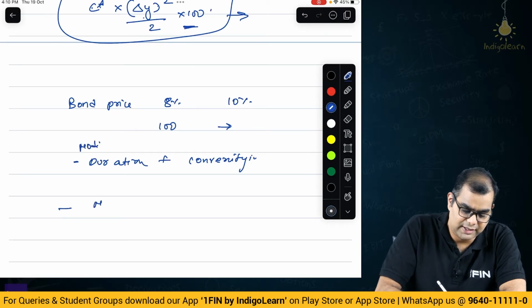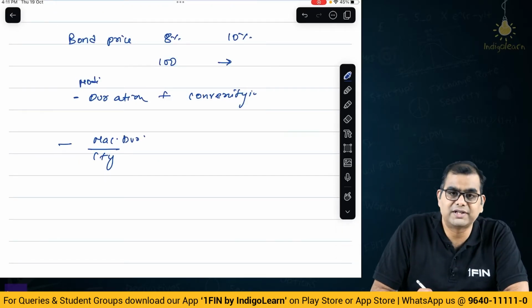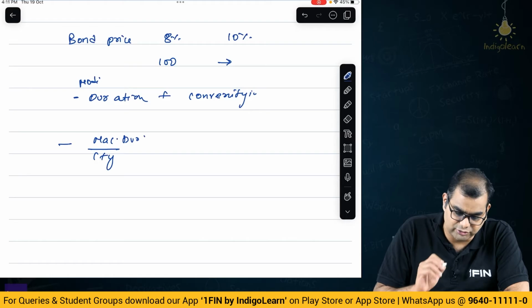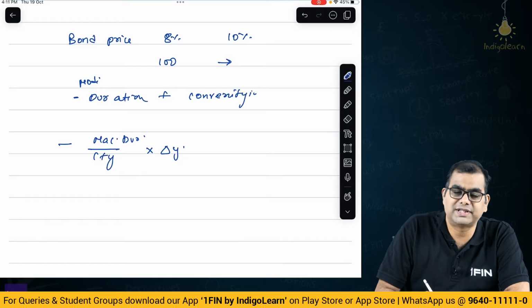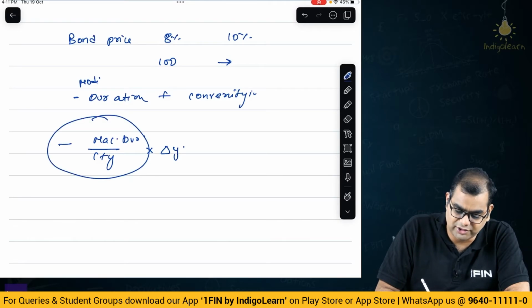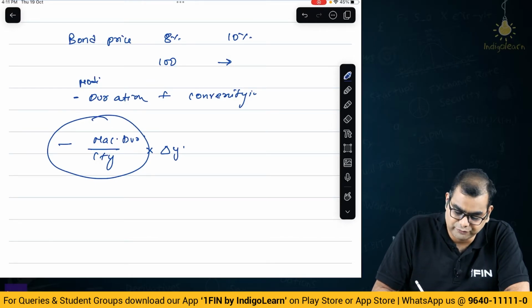So, minus Macaulay duration by 1 plus y, which is what you get as modified duration, into the change in yield. This is a generic formula for 1%; you have to see what the exact change in yield is that you are looking for.